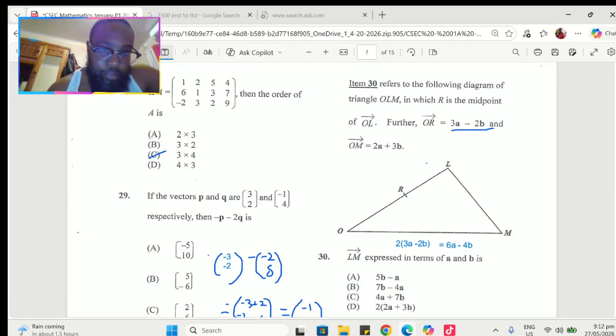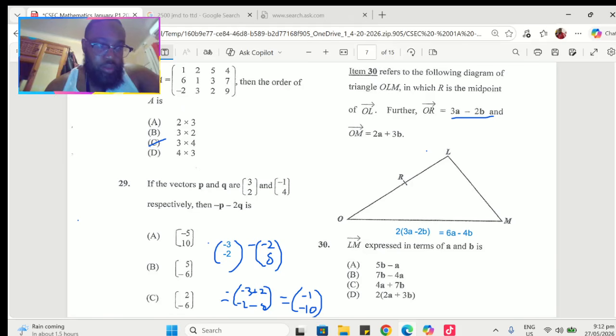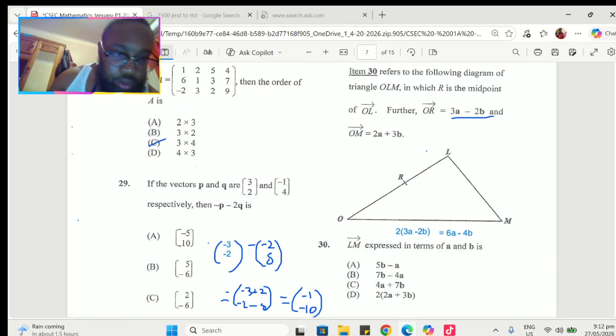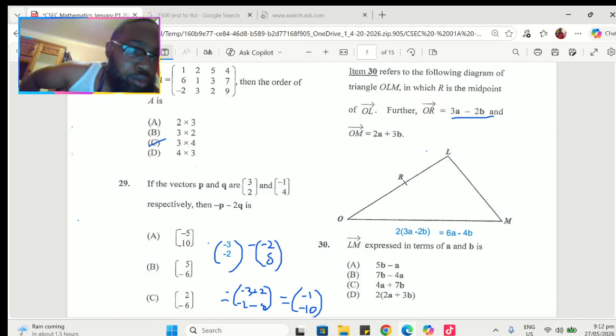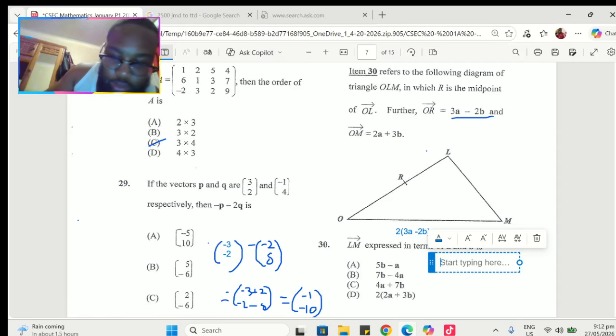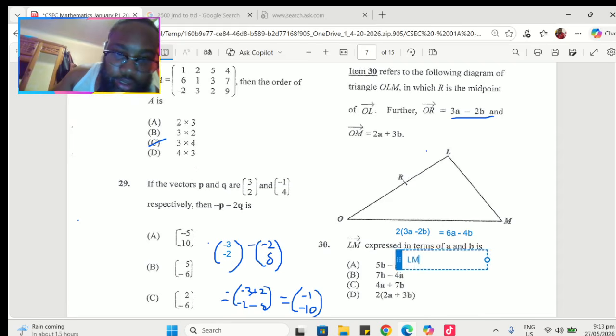So the OM, which is 2A plus 3B take away OL, which is 6A minus 4B. So LM, trying to get a little space to write it.